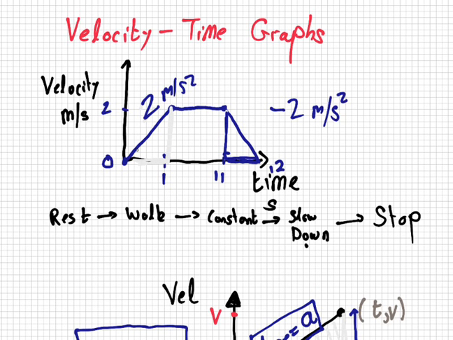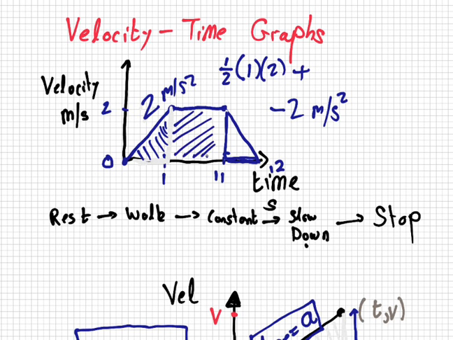Now, let's get the area. The first piece is a half multiply 1 multiply 2 plus, now what's this piece? 2 multiply 10, and then the last piece is a half, and how big is this base? 1 by 2.